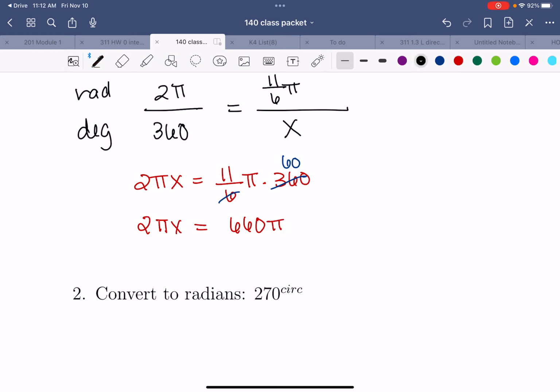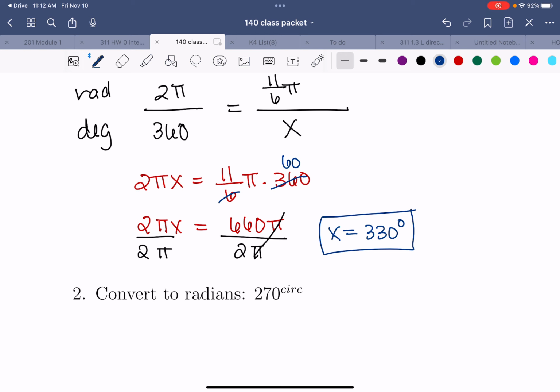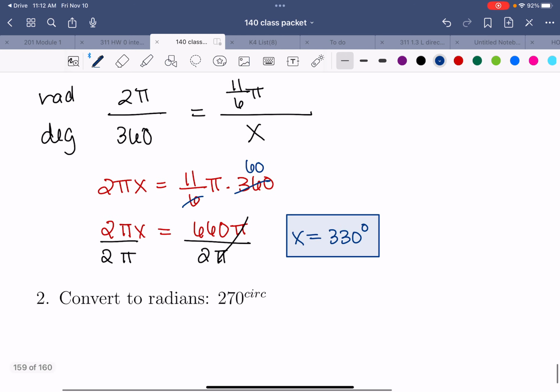And then we're going to divide both sides by 2 pi to get my x by itself. The pi's will cancel, and we will get x equals 660 over 2, which becomes 330.